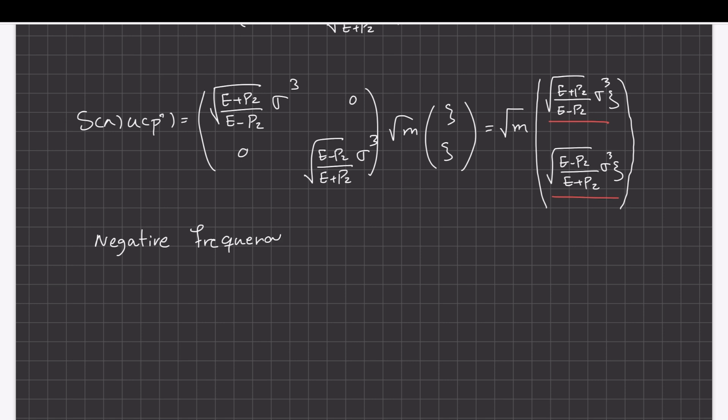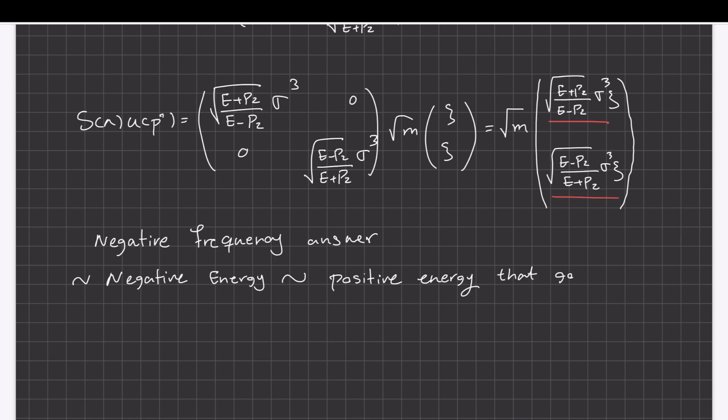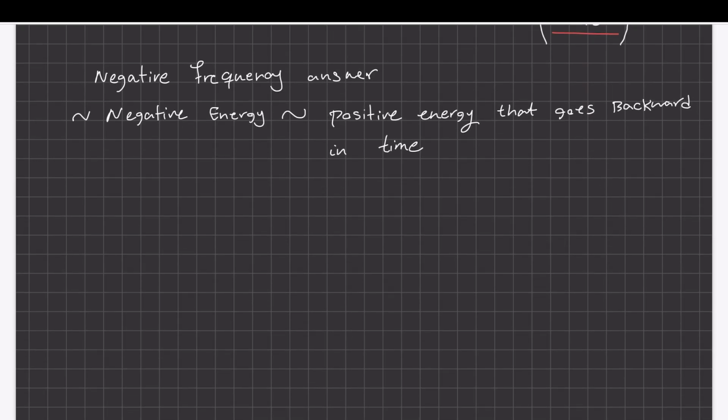But now we also have to consider the negative frequency answer. We assumed at the beginning that we have this positive energy time. It was a similar argument in the Klein Gordon. So we have this negative energy corresponding to a positive energy that goes backward in time. So that represents an antiparticle.